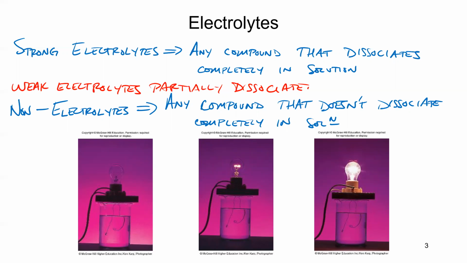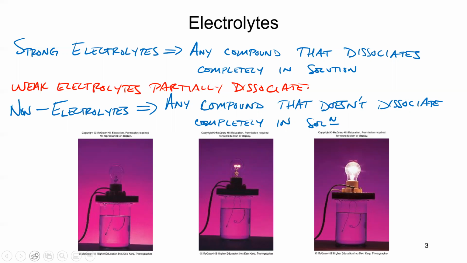In a molecular compound, those are held together by chemical forces, by chemical bonds, rather than just by electrostatic forces. And the water in the solution is not strong enough to break up those chemical bonds that hold those two atoms together. And so they don't break apart molecules, but they do break apart ionic compounds.